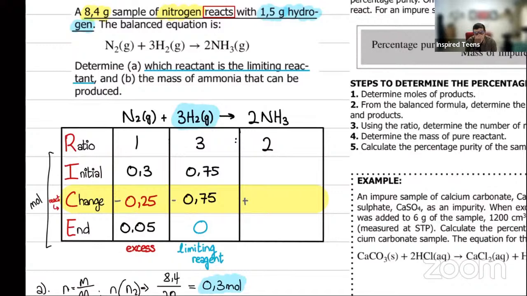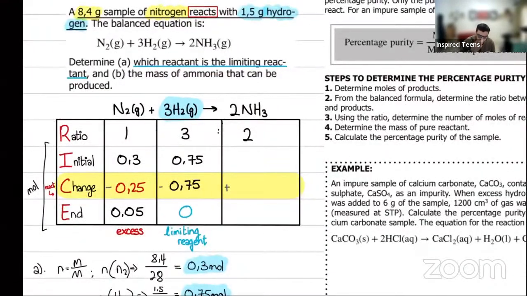But you are more than welcome to use any method that you learned, bow tie method or any other tables that you learned, or if you use basic stoichiometry, okay, then you are free to use those, okay? Particularly, yeah, if you understand the rice table, I would say stick to the rice table, okay?